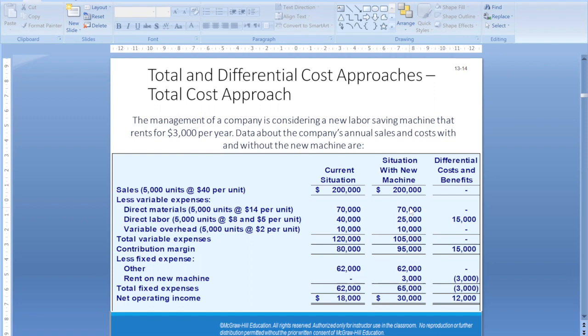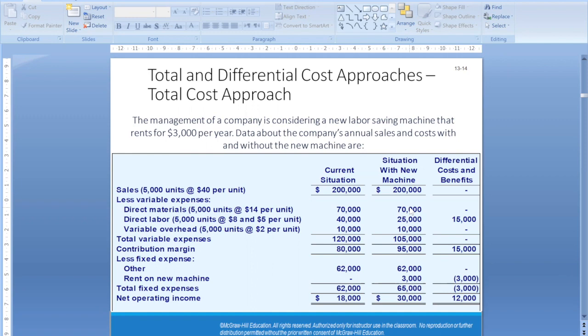Minus fixed costs. Other fixed costs are $62,000 in the two situations, which means these fixed costs are paid regardless of the option. With the current situation or including the new machine, we are paying the $62,000.